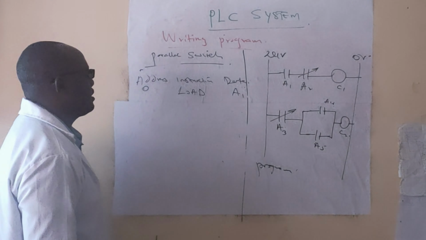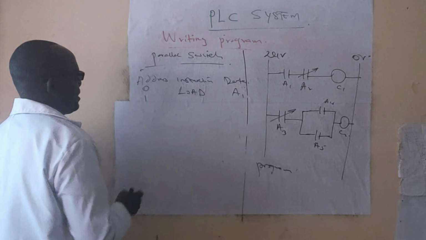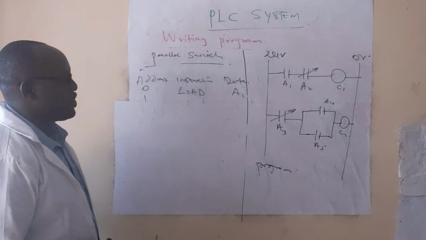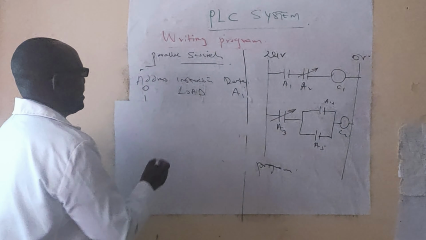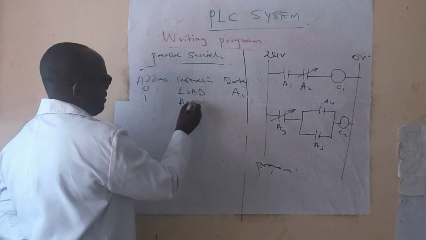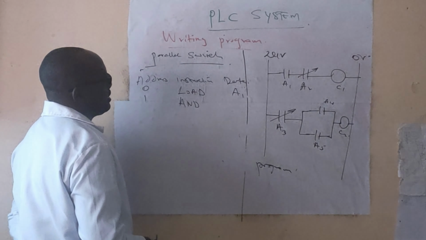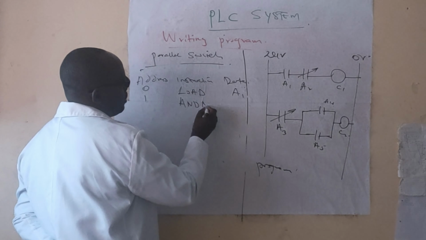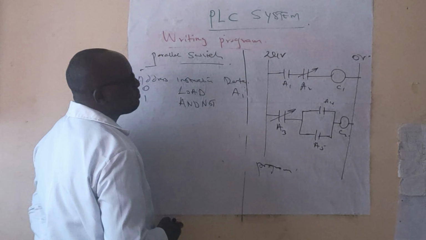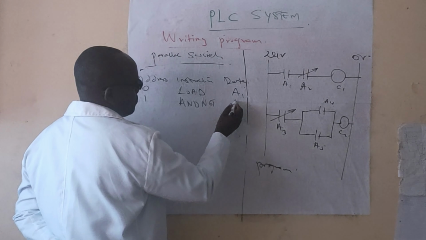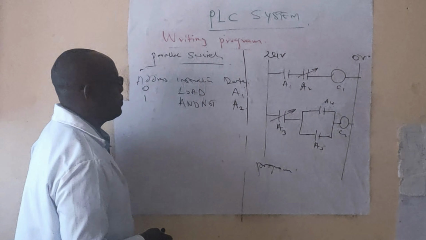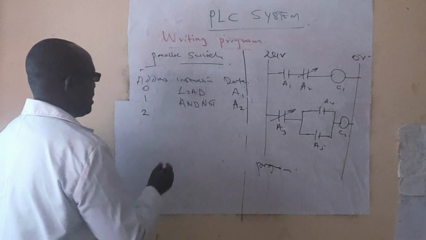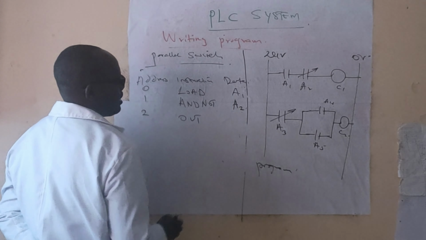Address 1 is the instruction AND NOT A2, and then address 2 is output Z1.